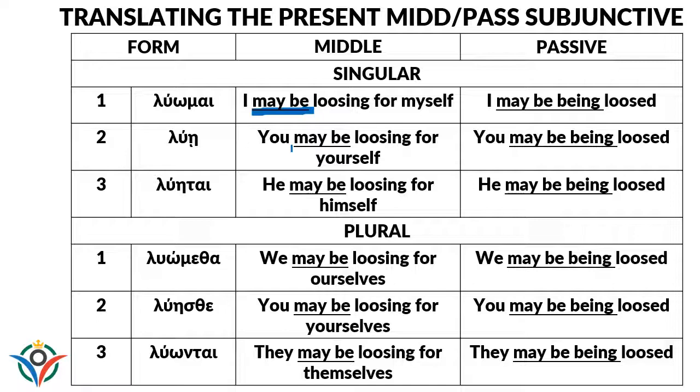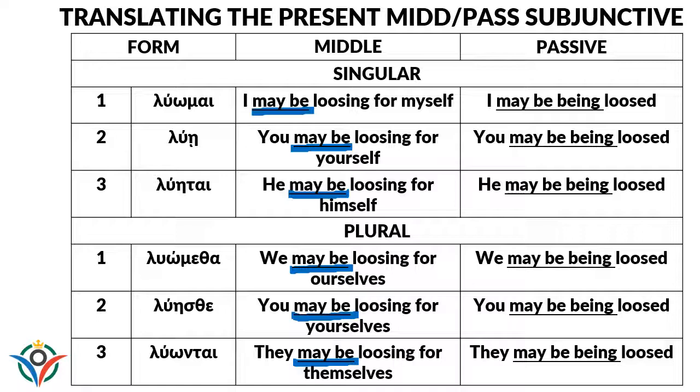Luei, you may be loosing for yourself. And luetai, he may be loosing for himself. And then the plural forms, luometha, we may be loosing for ourselves. Luesthe, you may be loosing for yourselves. And then the third person plural, luontai, they may be loosing for themselves.